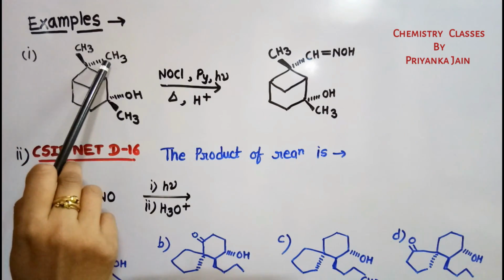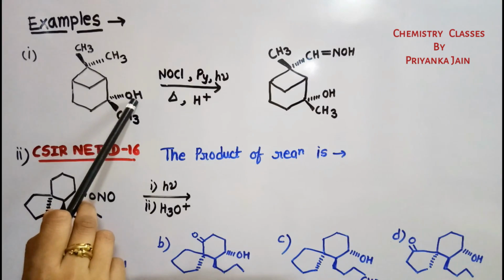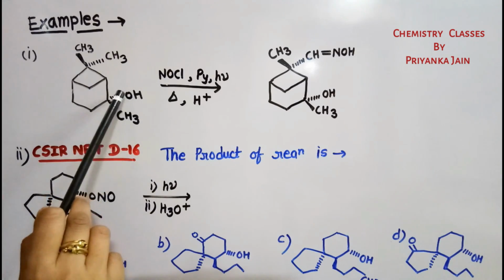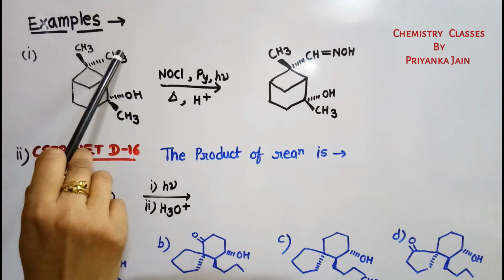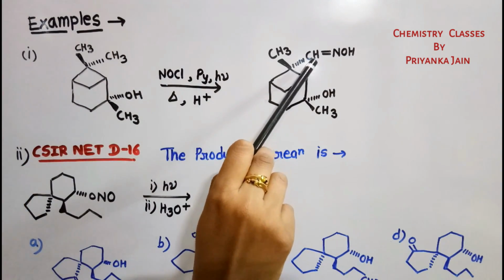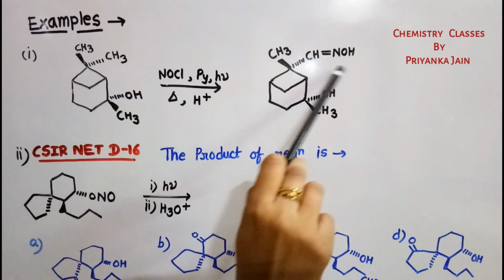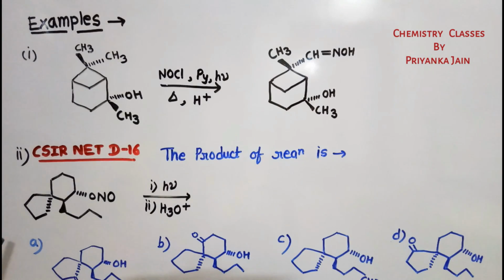As a result, the hydrogen will be shifted here, to the ONO group. Here an ONO group will be formed and the hydrogen is shifted here and the NO group is shifted here. As a result of this, we get an oxime here, and this type of oxime is formed. So this will be the major product in this case.